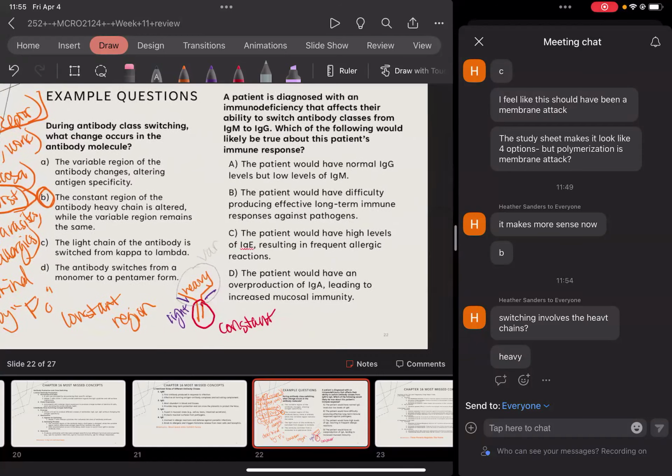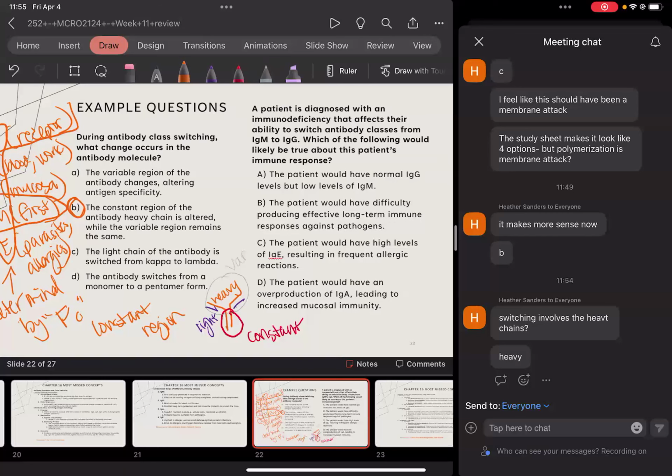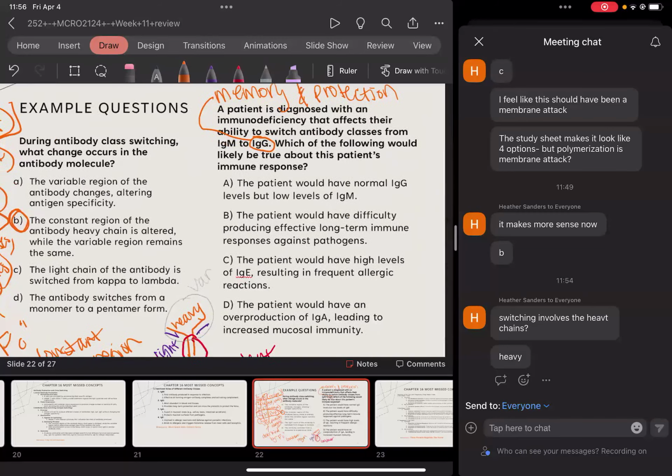All right, so moving on. A patient is diagnosed with an immunodeficiency that affects their ability to switch antibody classes from IgM to IgG. And IgG is our workhorse, and it's really important in our proper memory and protection. Let me zoom in on this a little bit.